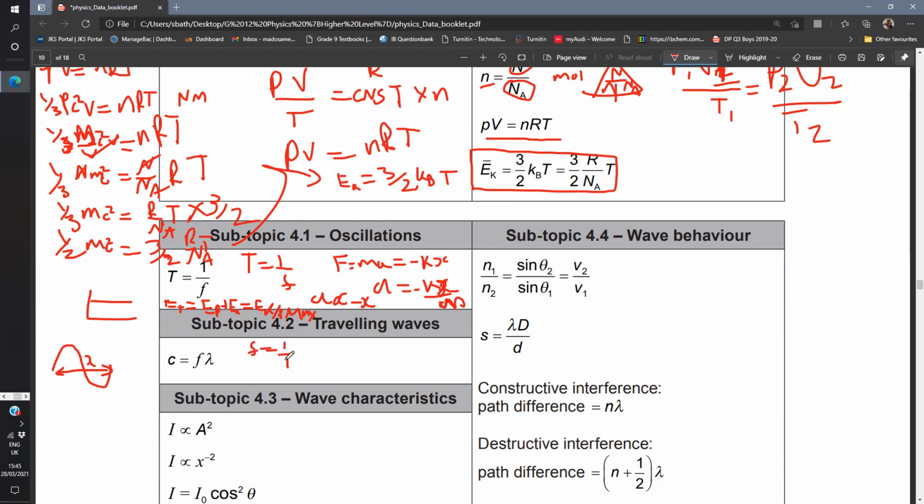And using the previous formula, we are just going to divide that. So we know that speed is equal to distance over time. In this case, that'll be T. And the distance is the wavelength, of course.